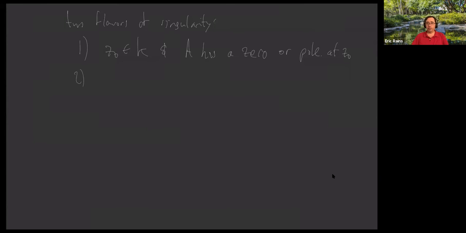Okay, the other type of singularity is at infinity. So now we're basically asking for a matrix with coefficients in formal power series in 1 over Z that satisfies the equation.